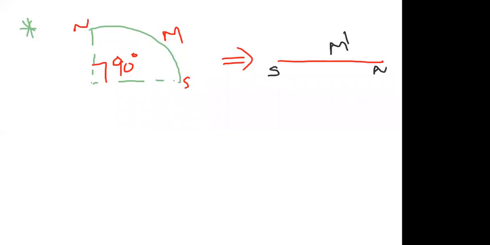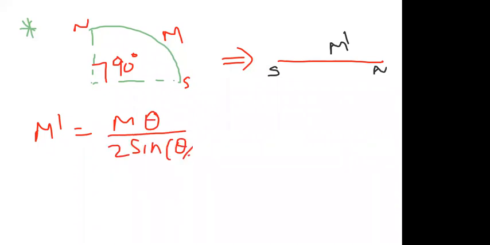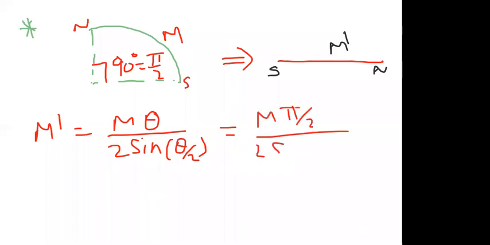Now what is our formula? M dash equals M theta by 2 sine of theta by 2. Here 90 degrees must be taken in radians, which is pi by 2. So M into pi by 2 by 2 sine of pi by 2 by 2, where theta by 2 is pi by 4.